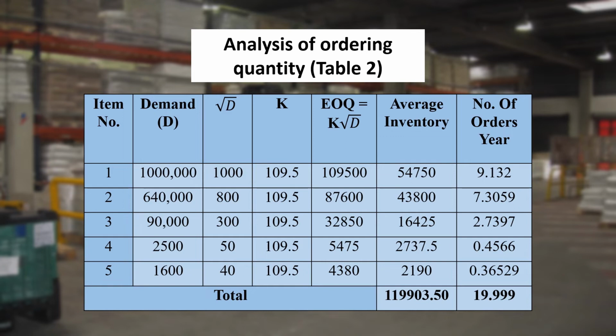If you take the aggregate of all number of orders, it is around 20, which was earlier also 4 multiplied by 5, 20. This time you can see the difference as far as the average inventory is concerned. If you add the original average inventory related cost, it will be coming around the value which I am going to show in the slide, and what you have got through the formula, when you are using K equal to summation of D upon summation of D upon Q star.